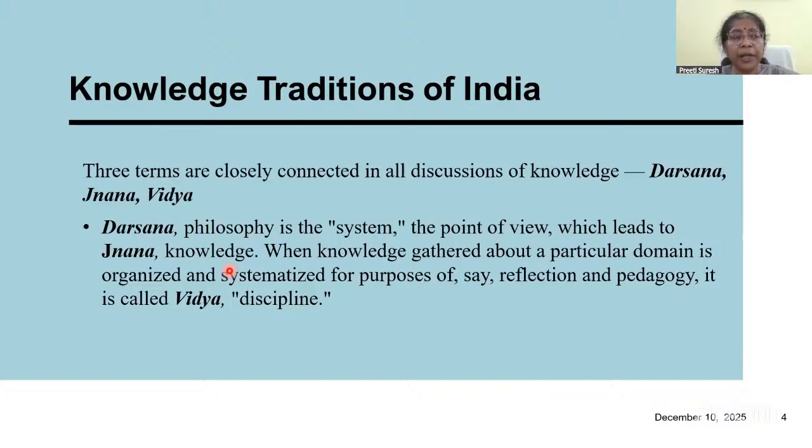When we are talking about Indian knowledge traditions, there are three terms that we hear a lot, and it is important to understand what they indicate: darshana, jnana, and vidya. It is also true to admit that there are no equivalent words which can translate these terms into English.